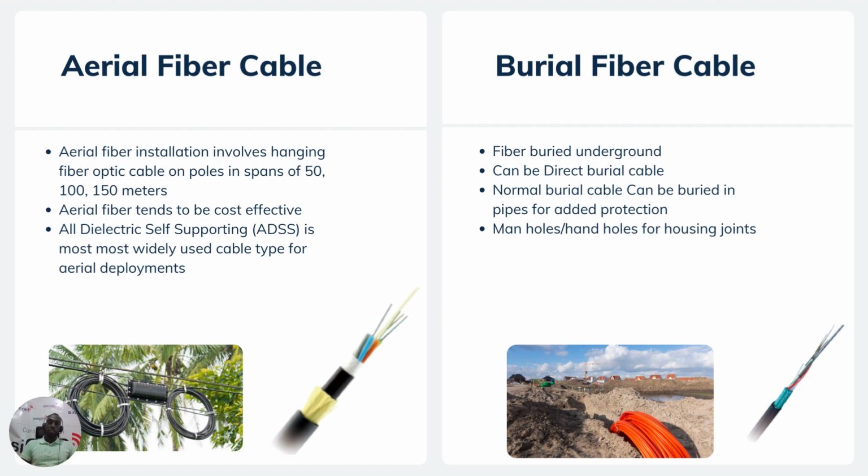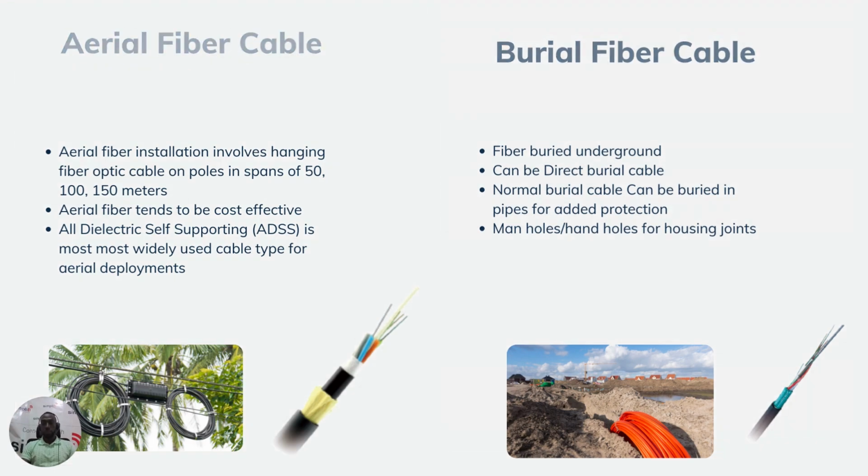Then as far as buried cable is concerned, you tend to have reinforcements within the cable, maybe some metallic strength members and metallic cladding in and around the cable before the plastic outer sheath, to give it the mechanical strength necessary so that it can be buried without harming the cable or the small strands of glass fiber that transmit our data.